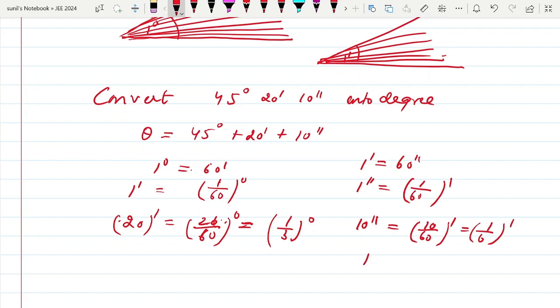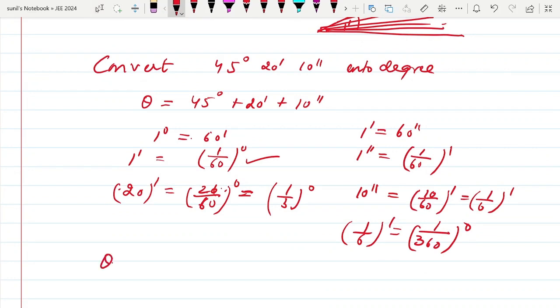So 1 by 6 minute is equal to, now what is the relationship between minute and degree? This is equal to 1 by 360 degree. We have used this relation. So therefore the equivalent measure of this angle is 45 degree plus 1 by 3 degree plus 1 by 360 degree.